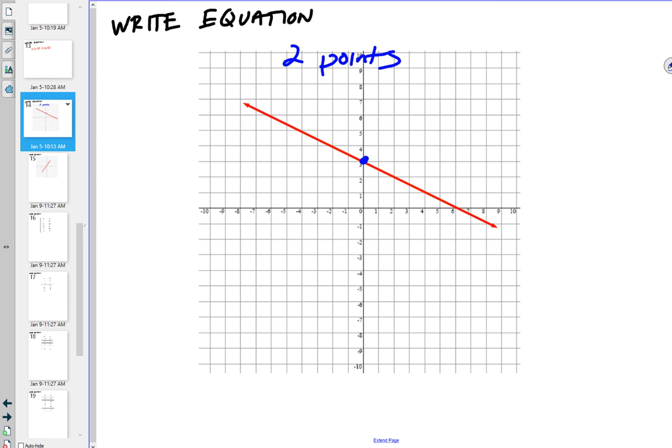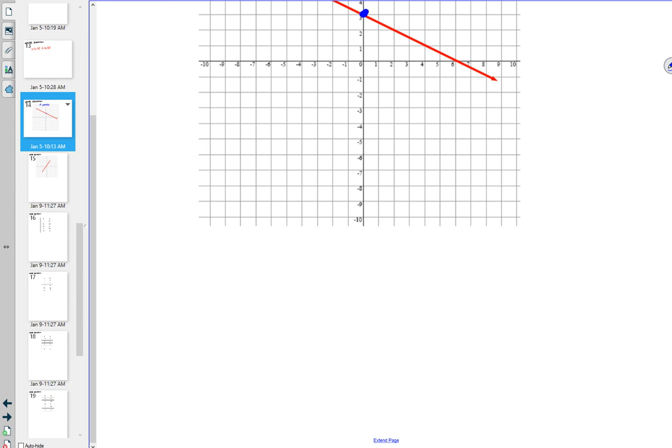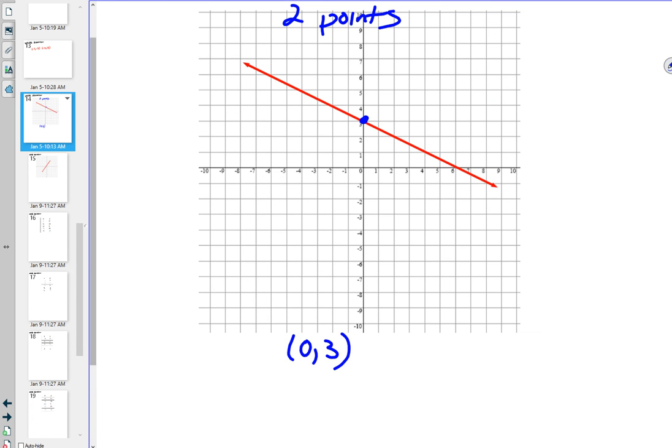For the second point, just pick whichever one. I guess you could pick an x-intercept if it's available. It's not going to really give you any type of advantage, but it's up to you what point you want to pick as your second one. But realize if you are able to snag that y-intercept as one of your points, you already have the y-intercept.